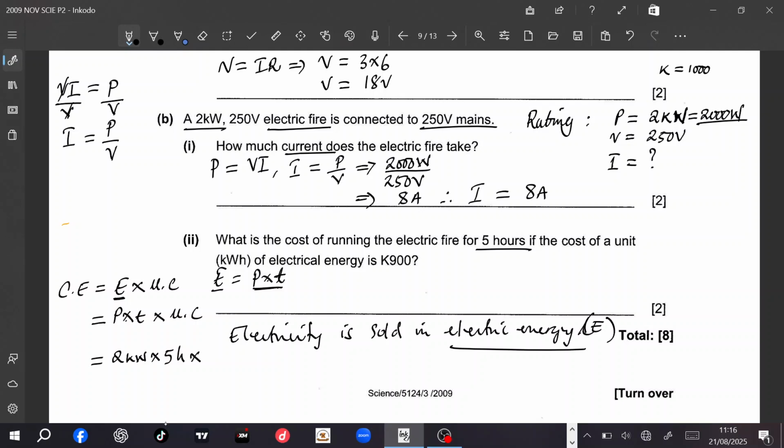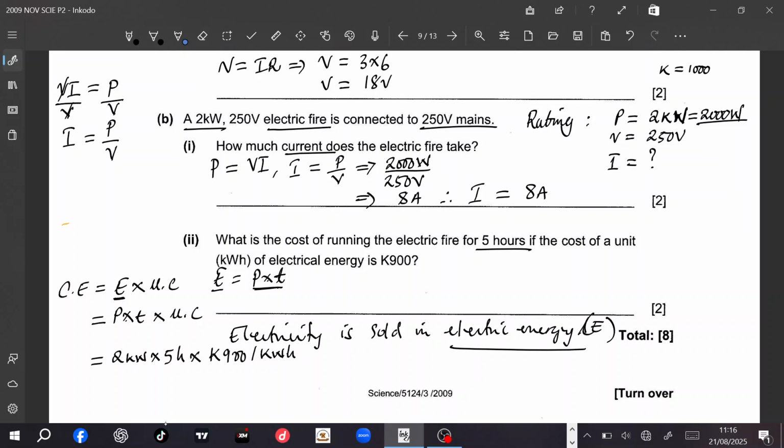Then times unit cost. They're saying the cost of a unit of electric energy is 900 kwacha, so this should be 900 kwacha per kilowatt hour.